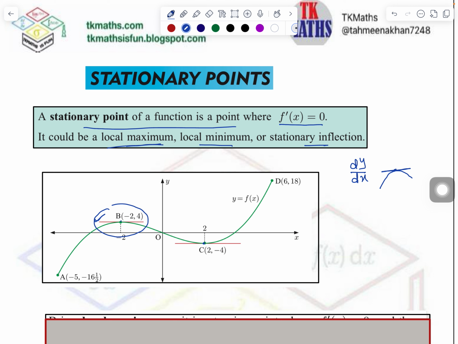Whereas this one in its surrounding is the minimum, and it is called local minimum. If this curve is going up, this point has a bigger value of y compared to this one, right? So that's why when we talk about a stationary point, we call it local maximum and local minimum, meaning in that surrounding, at the top it is maximum or minimum.